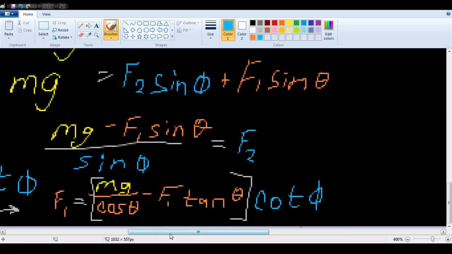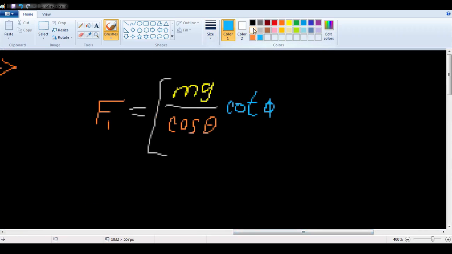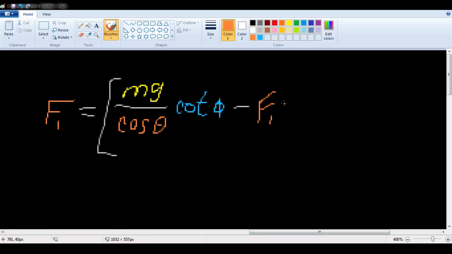And then I'm going to distribute that term to both of the terms. So when I come back up here to rewrite my negative f1 tangent theta, I'll also include my cotangent here of phi.